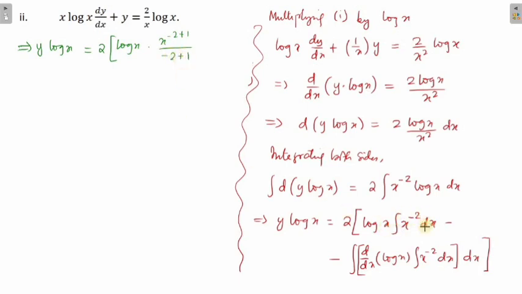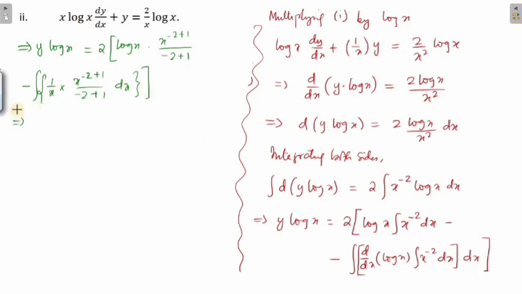This integral becomes this much, so we have minus integral, now we have d by dx of log x is 1 by x into, again integral x to the power minus 2 becomes x to the power minus 2 plus 1 divided by minus 2 plus 1, and we have dx. So we'll close the bracket.